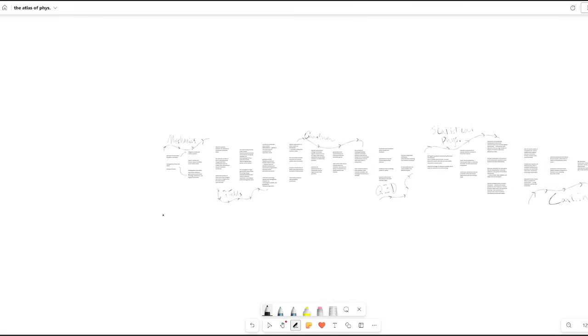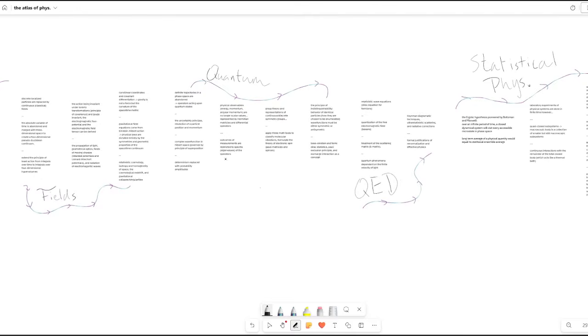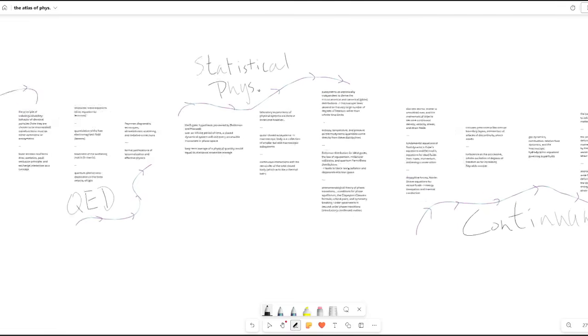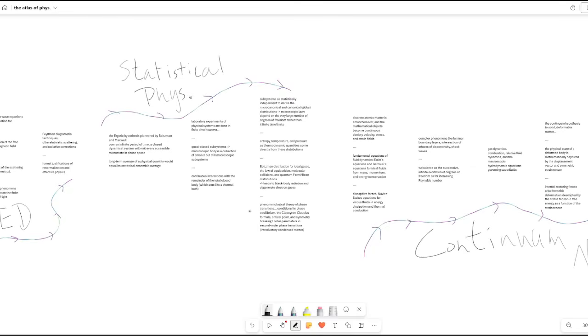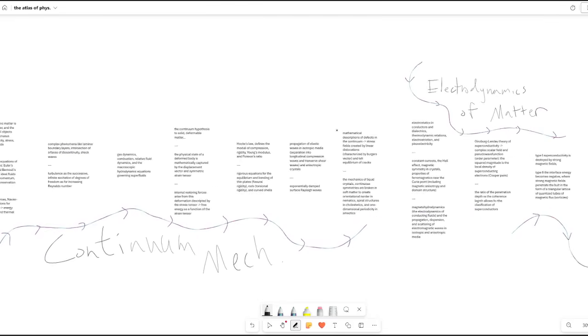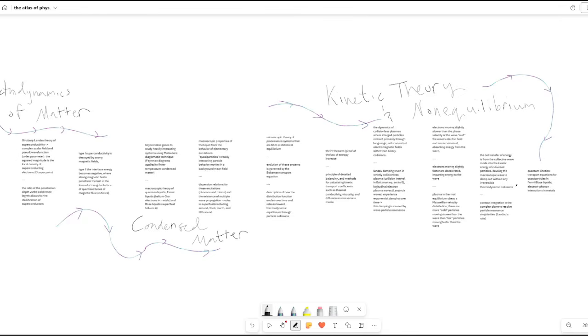You start off with these point particles that then become fields, and then, you know, in quantum mechanics we start dealing with wave functions and probabilities. Statistical physics, we construct ensembles and distributions of quantities, and then we talk about continuous media, and then finally interacting quantum systems.